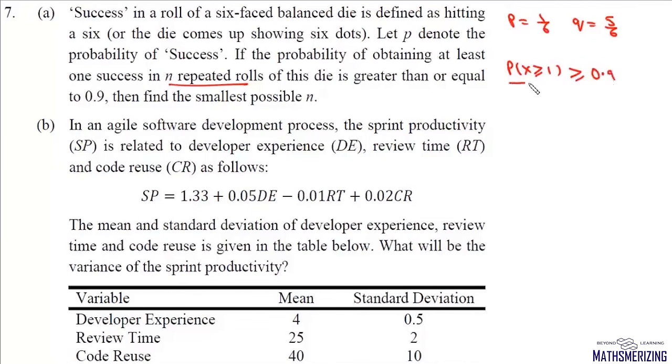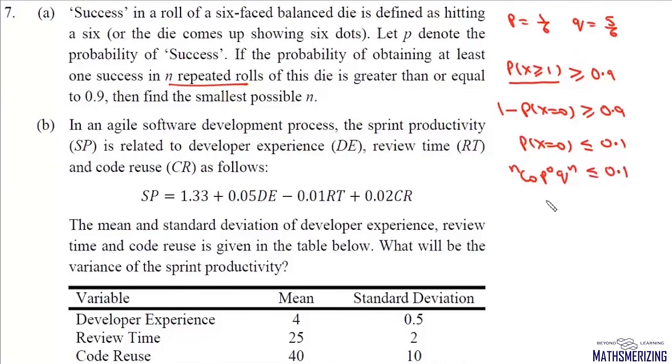Now we know that probability of x greater than or equal to 1 is also written as 1 minus probability of x equal to 0, and it should be greater than or equal to 0.9, or probability of x equal to 0 should be less than or equal to 0.1. Now probability of x equal to 0 is nC0, p to the power 0, q to the power n, and will be less than 0.1.